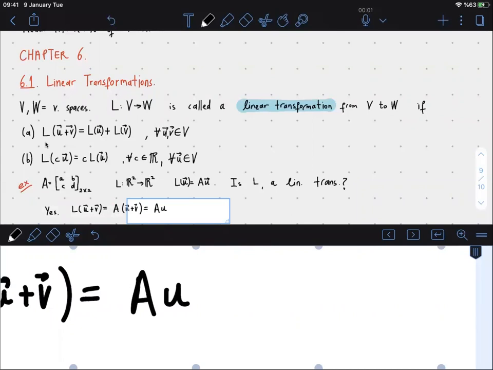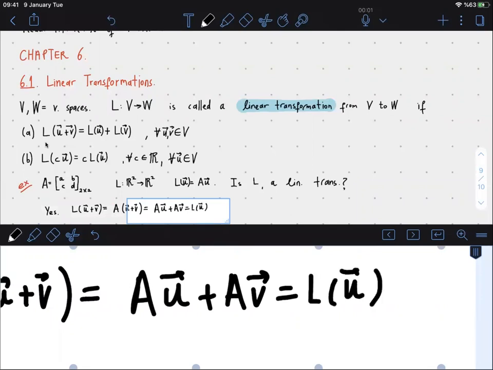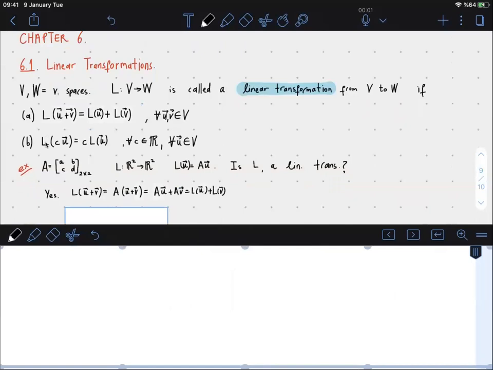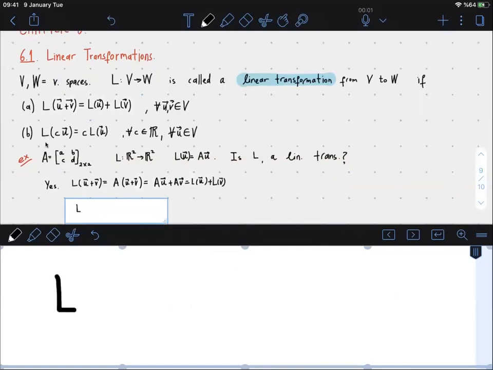This is always true for matrices. And this is the same thing as LU plus LV. So the first condition is always satisfied.